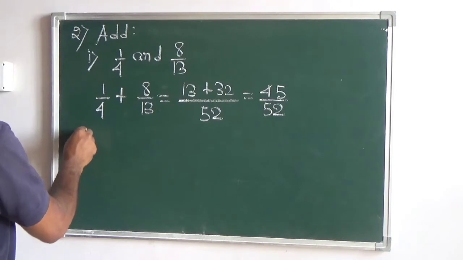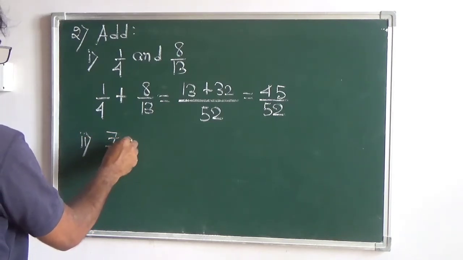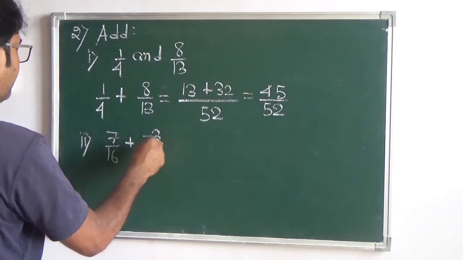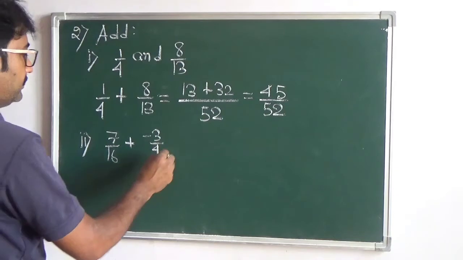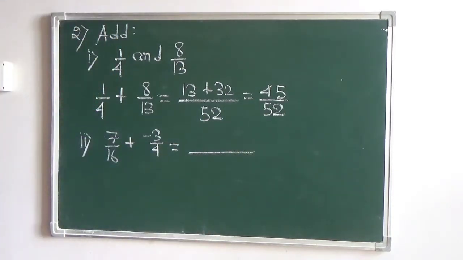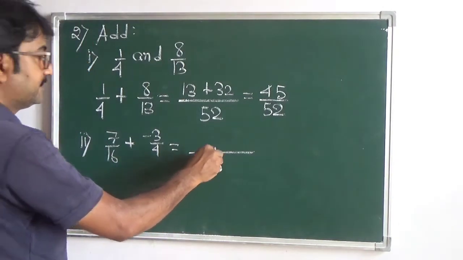Number 2: 7 by 16 plus minus 3 by 4. What is the LCM here? 16.